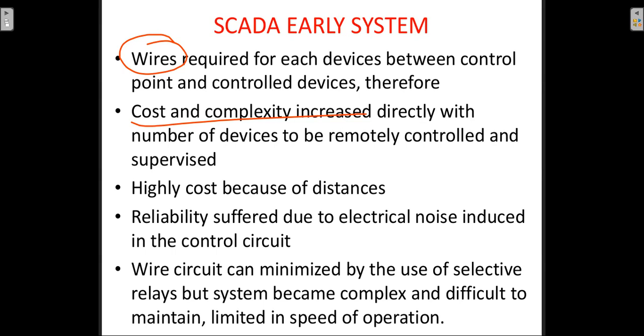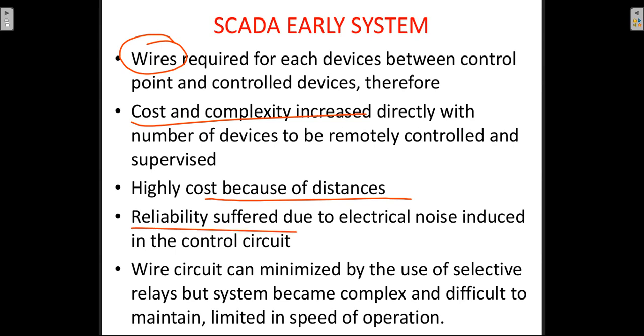There was high cost even because of the long distances between the different masters and slaves, the central control unit and the different units which were supposed to be controlled. If the distance increases, because of the wired connection, the overall system cost would increase.